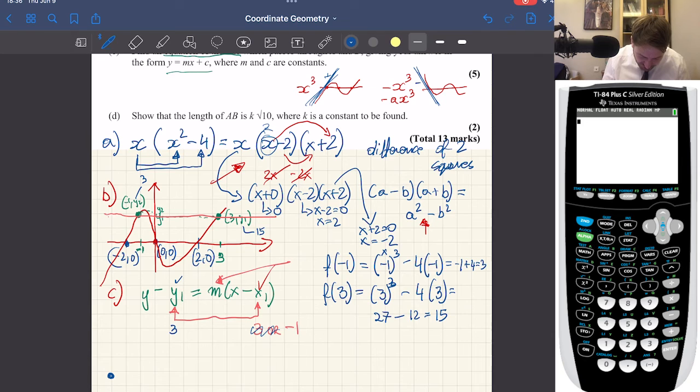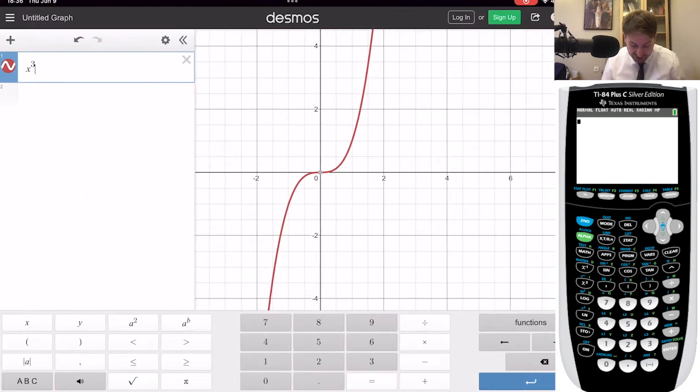So I have this one coordinate, which is -1, 3. And there's another coordinate somewhere here. The line goes like this. And this coordinate was 3, 15. Now your gradient is the difference in y divided by the difference in x. So I'm going to draw that.